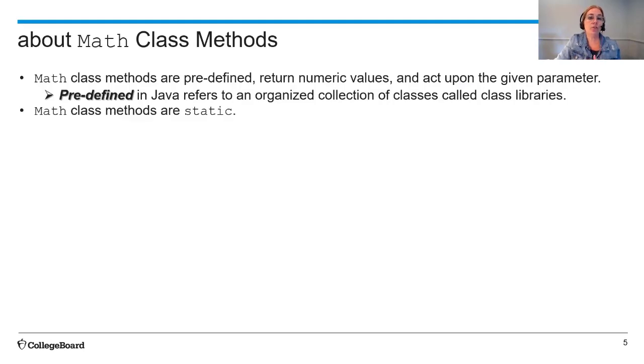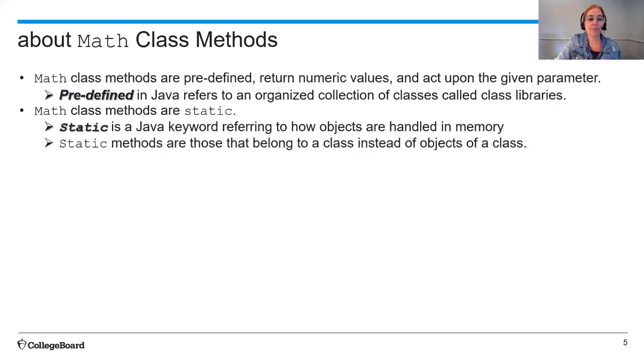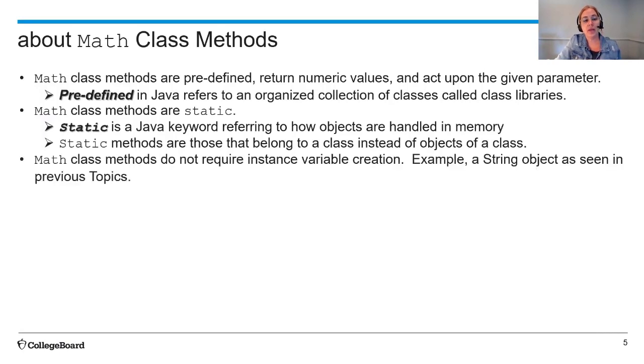Math class methods are static. They've been declared as static, and that refers to how these things are handled in memory. Static methods belong to the class instead of objects of a class. And here's a little bit of why this is the case.